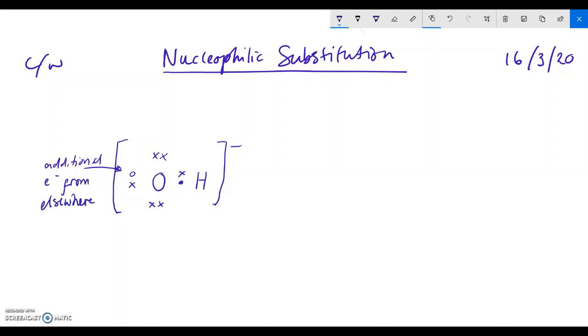So the oxygen has 3 lots of lone pairs around it, which each can allow it to act as a nucleophile.